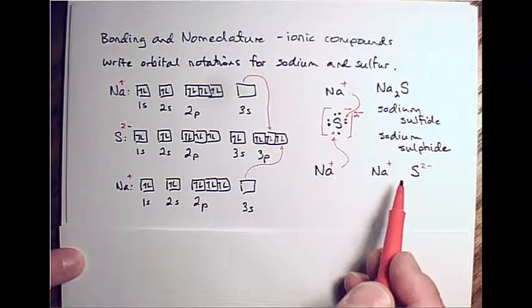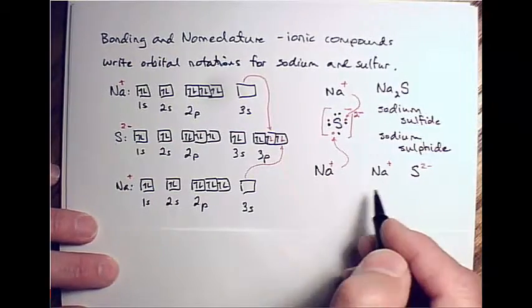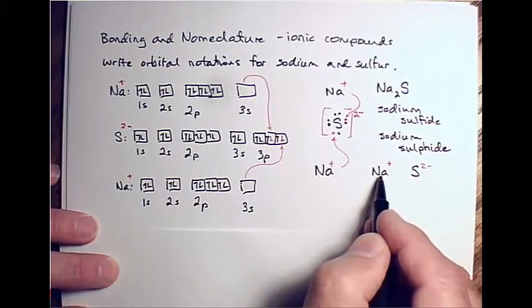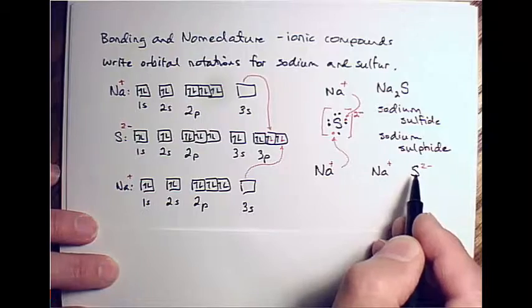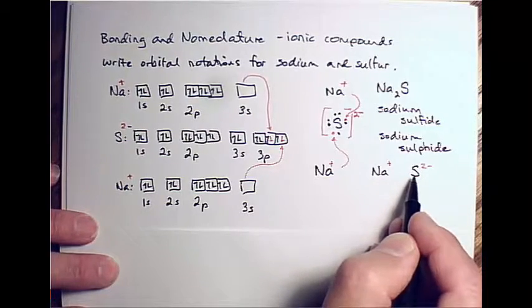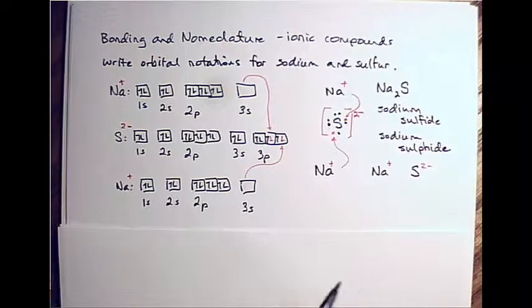You with me? Okay. If that's the case, what we really need is a formula for a combination of sodium and sulfur that has a 0 charge overall. It has a neutral charge. We need a balance of sodiums and sulfurs so the charge on the overall compound is wiped out. It's 0. It's eliminated. Okay?